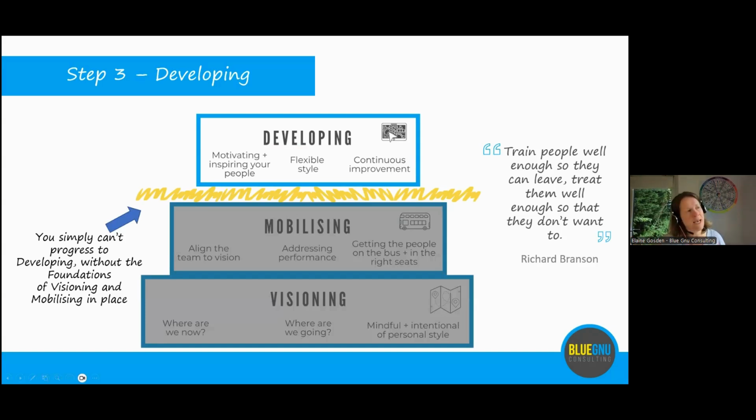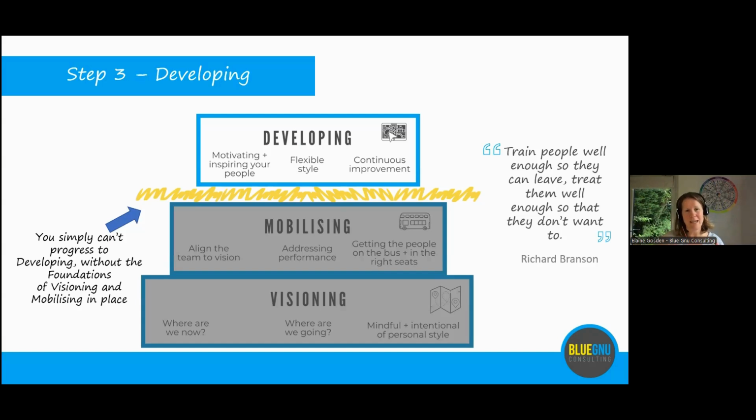Now, it's well worth saying that within the steps, you'd have noticed from my early graphic, this yellow line wasn't there. It's coming in now, because you simply cannot progress to developing until you've got the foundations of visioning and mobilizing in place. However, some people have a preference to get to the developing and enabling stages early.